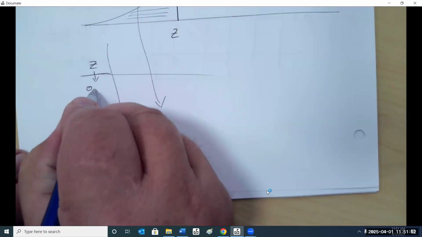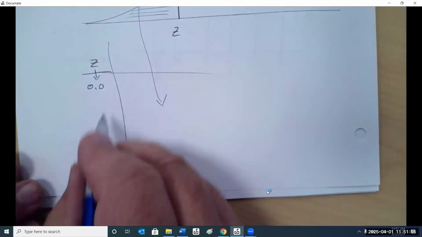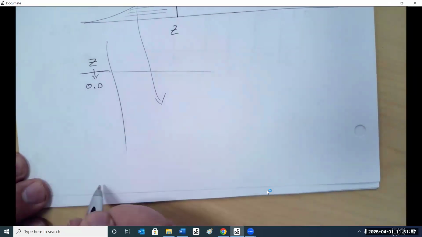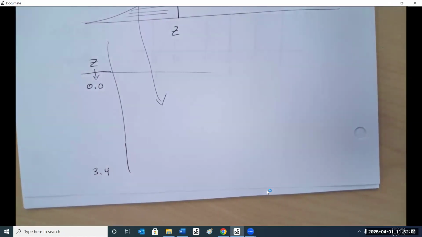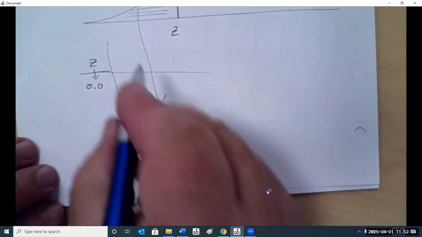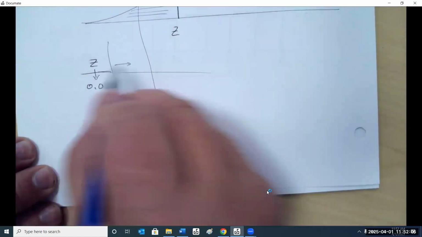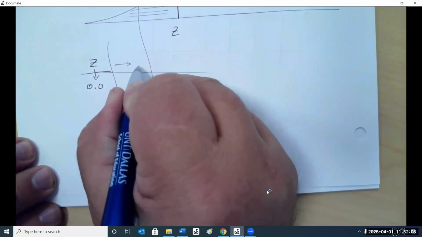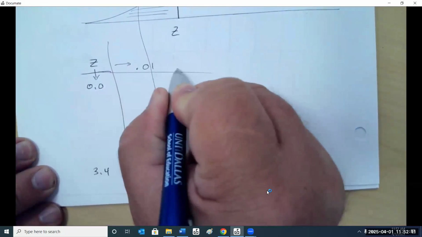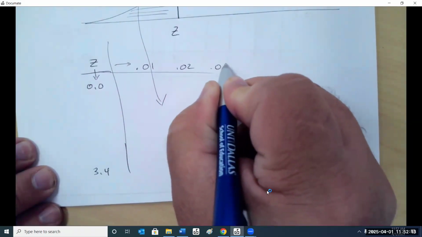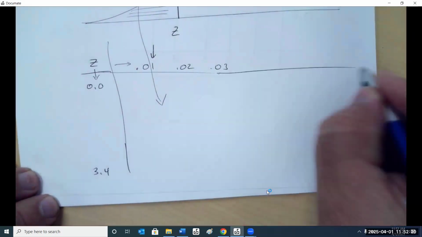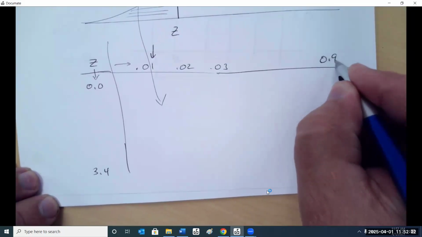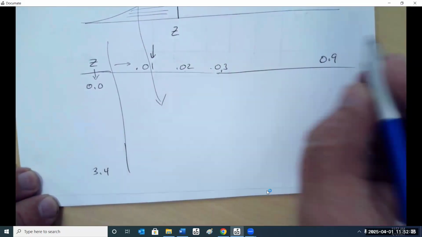It goes all the way up to 3.4. And then on the horizontal bar on top, you always have a 0.01, 0.02, 0.03. So you have the second digit. It goes all the way up to 0.09.